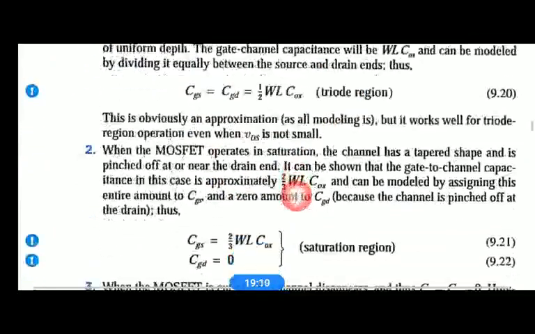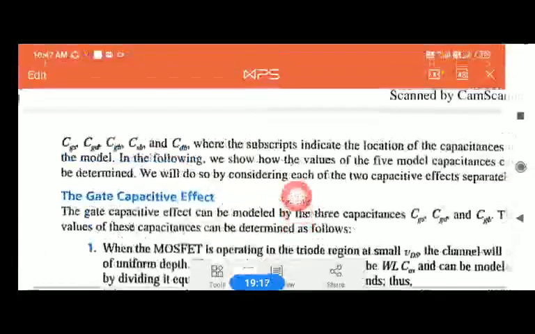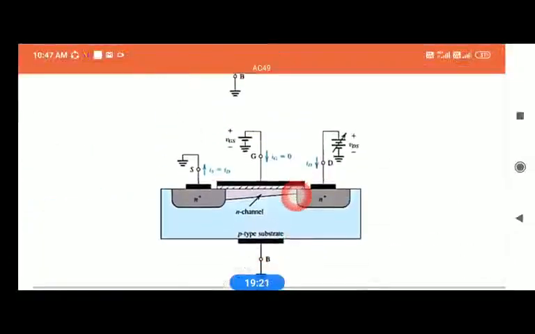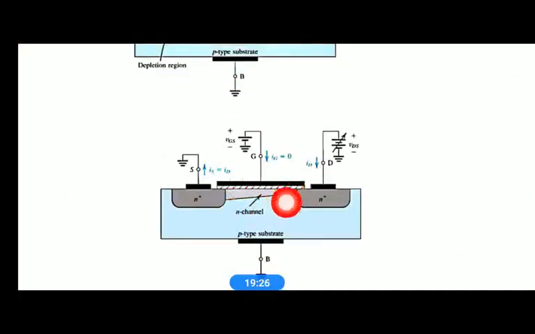Now if you go to the saturation region, when the MOSFET is in saturation, the channel will completely reduce at the drain side, whereas at the source side the channel is reduced only a little. Hence there is no N channel at all, no plate at all, at the drain side.